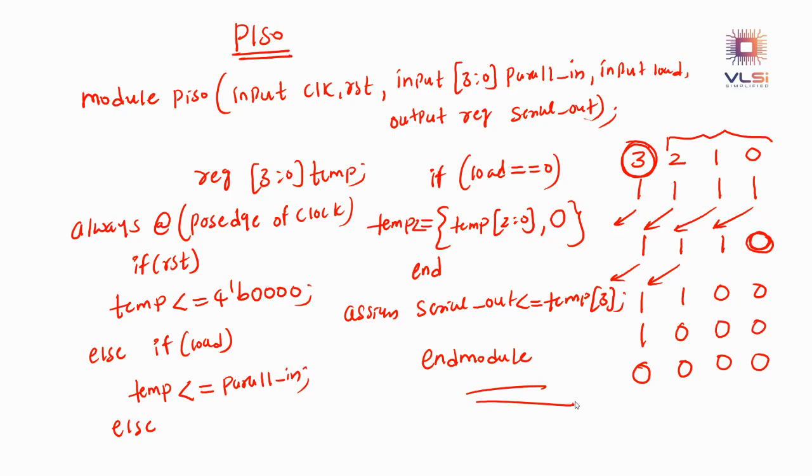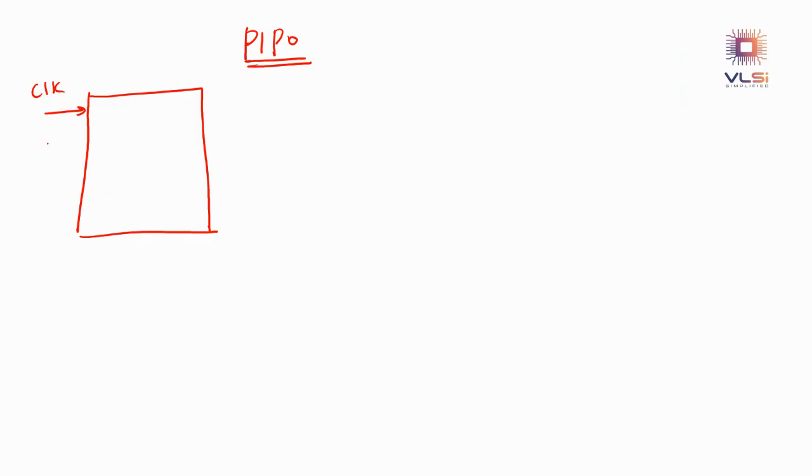And the last one is PIPO, parallel in parallel out. If you see the PIPO, whatever data is there, you are loading parallelly, and the data you are taking out parallelly. The inputs are clock and reset, and parallel in data, which is 4 bits.